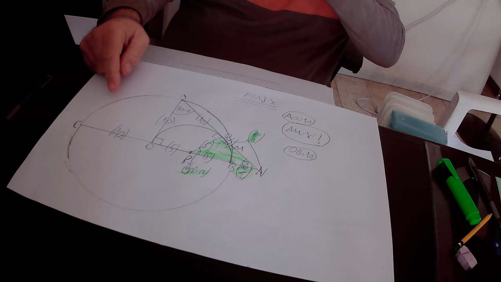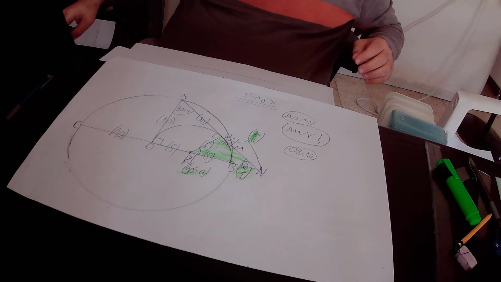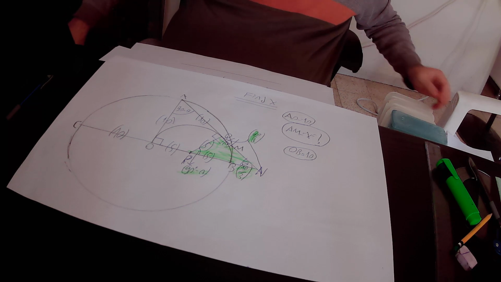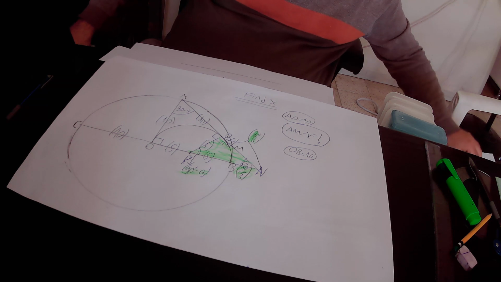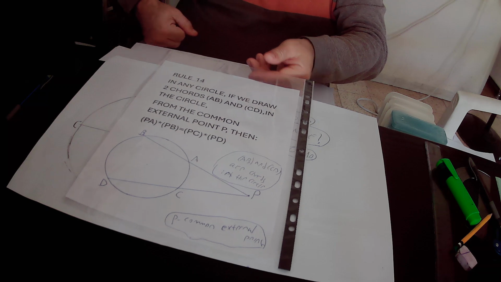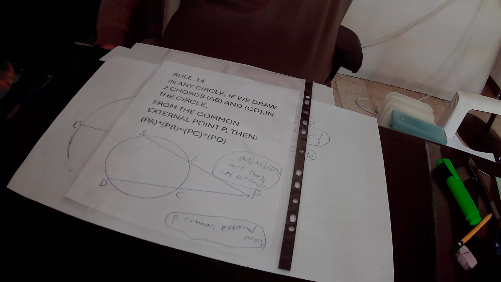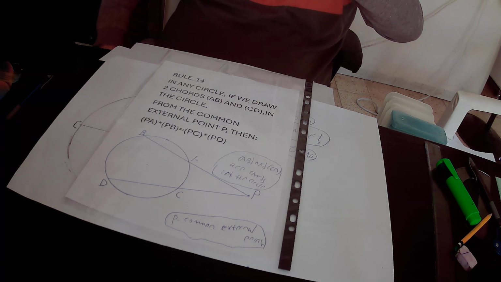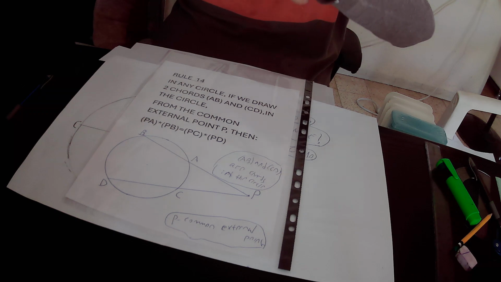Then I presented to you rule number 14, and we implemented rule number 14 in our drawing. According to rule number 14, in any circle, if we draw two chords AB and CD in the circle, from the common external point P, then the following equation will be true: PA times PB equals PC times PD.